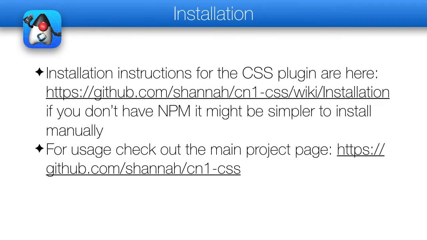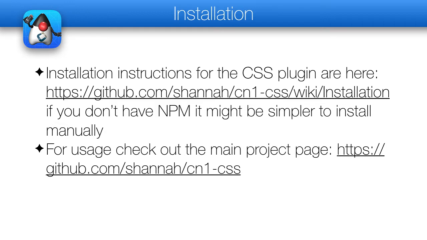So to install the plugin, just go to the URL mentioned here. The npm installation process is the easiest if you have npm. If not, it might be more practical to just install it manually and maybe even base your installation on the project that I provided here with a test that includes the source code of everything, just copying the jars and everything.